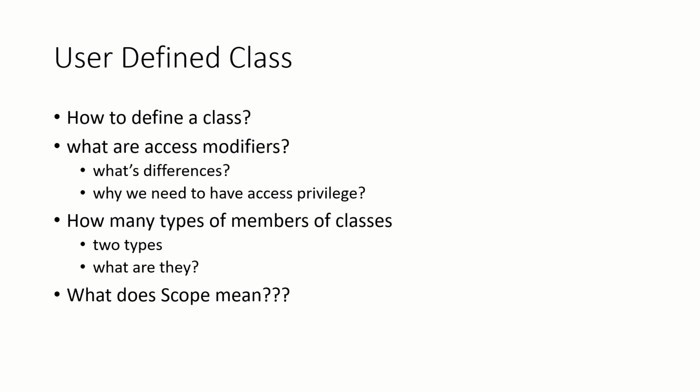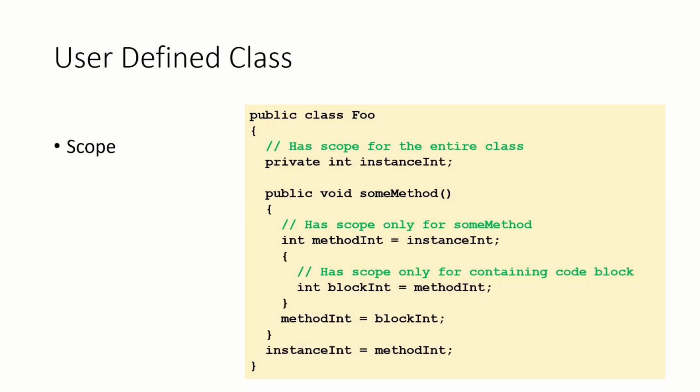What does scope mean? Look at this example. Scope means that when you declare a variable in different places, the scope will be different.